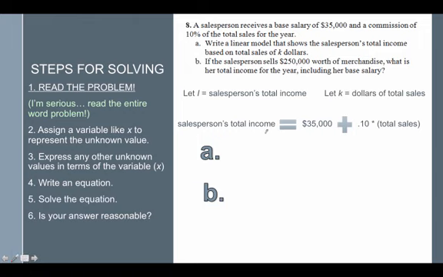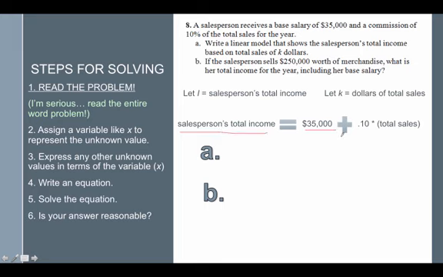The salesperson's total income is $35,000, the base, plus 10% of the total sales, or 0.10 times the total sales. Assigning the variable K to the total sales, I can rewrite this as capital I equals 35,000 plus 0.10 K.